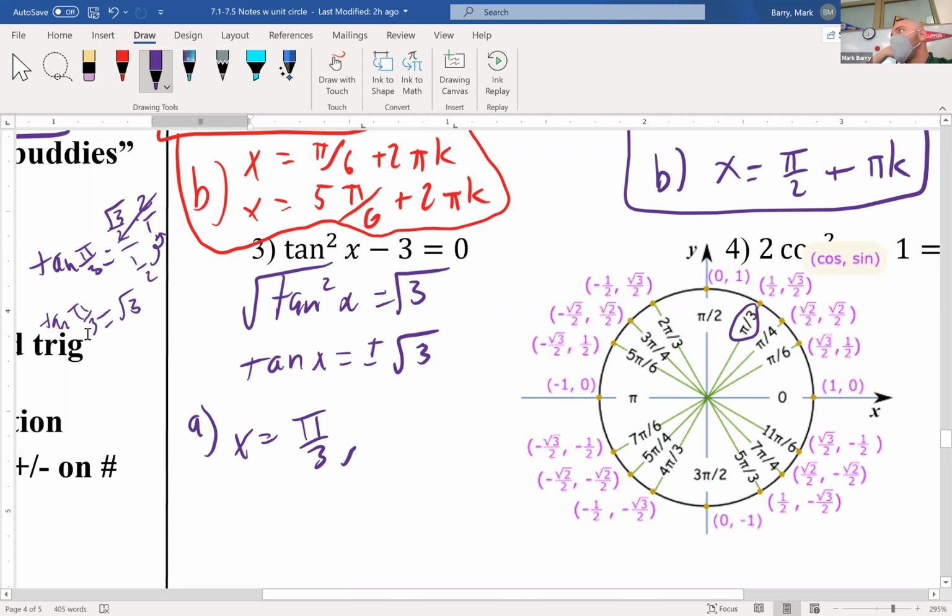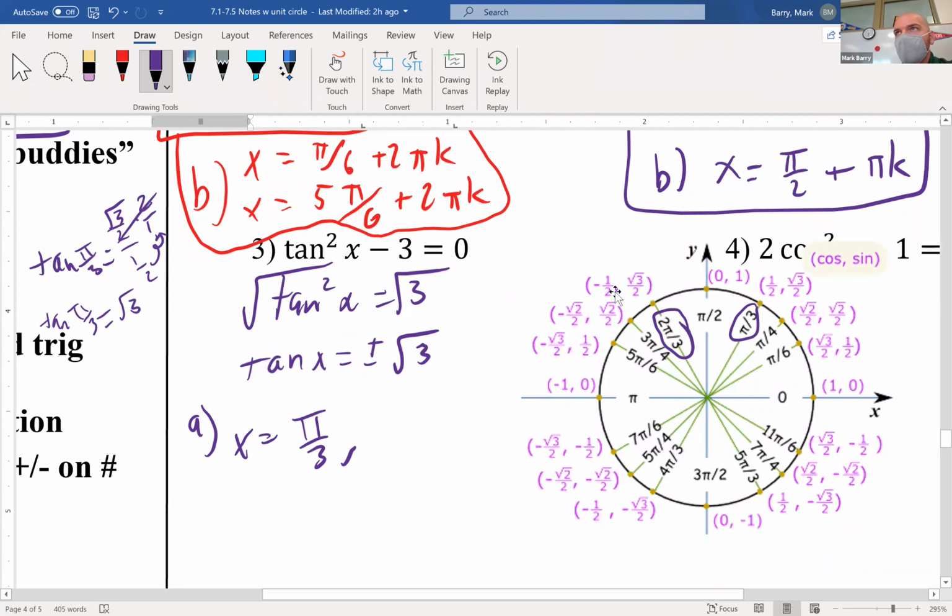So then I told you that once we found it in the first quadrant, it was going to be really easy to find it in the other 3 quadrants. Because we have plus or minus, it'll be in all 3. So the next one I'm going to say also will work is 2 pi over 3.